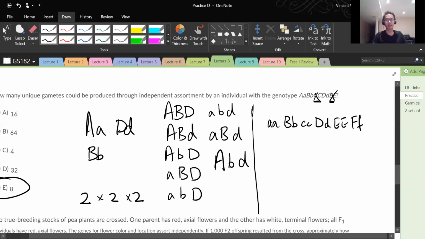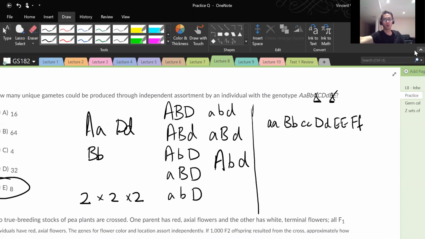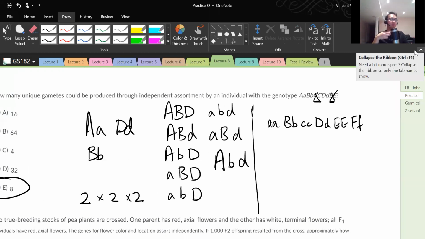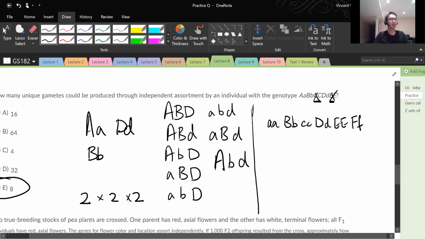You can just type the answer in the chat, or you can just say it out. Safi and Christian say 8. Anyone else? Do you guys agree, or do you have a different answer?